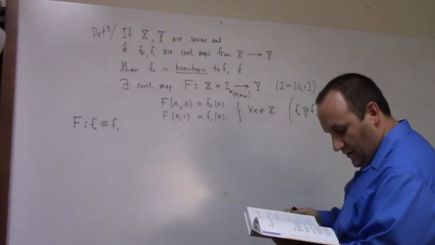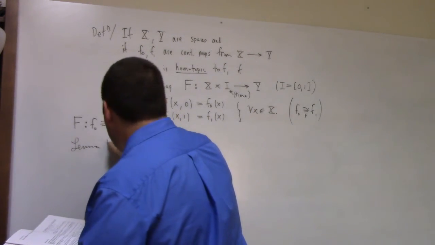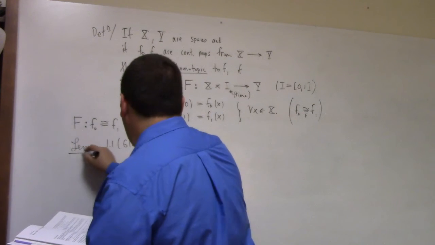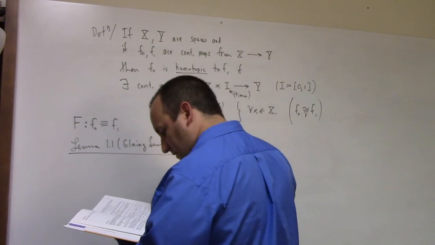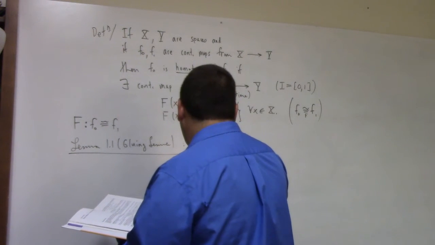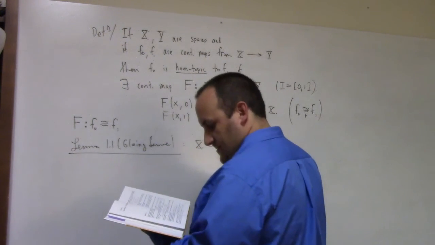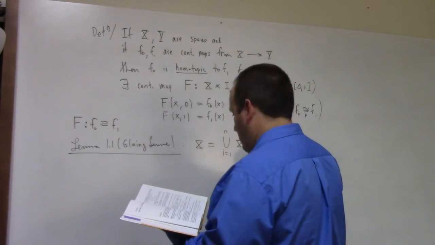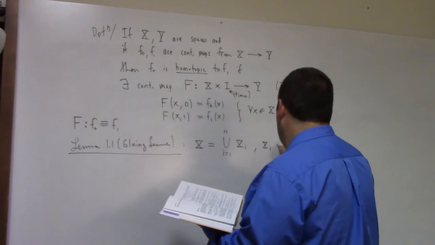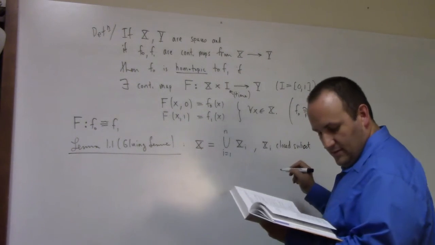Alright, let's see here. Okay, so here's the lemma, 1.1. It is a gluing lemma. It simply states the following. If you have X as a finite union of closed subsets, X equal to the union for i = 1 to n of X_i, where X_i is a closed subset of, closed subset of what?